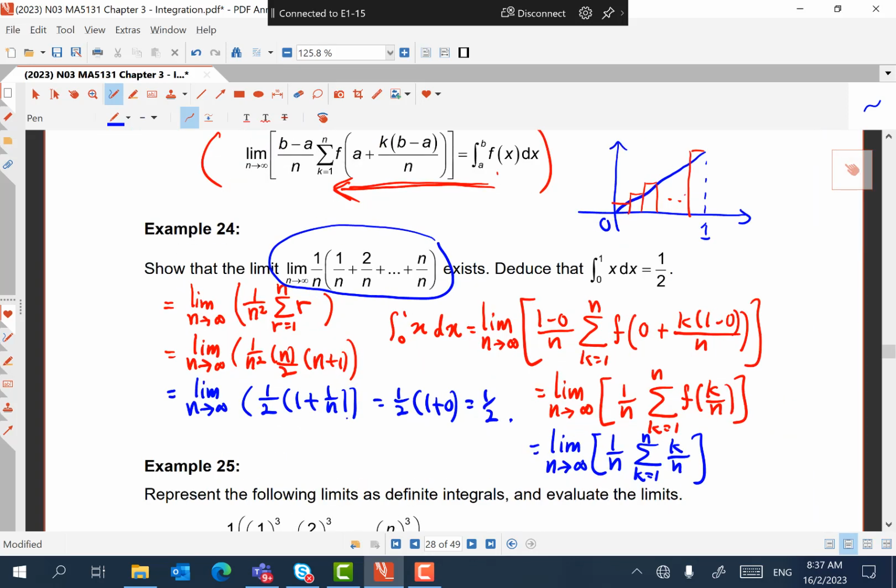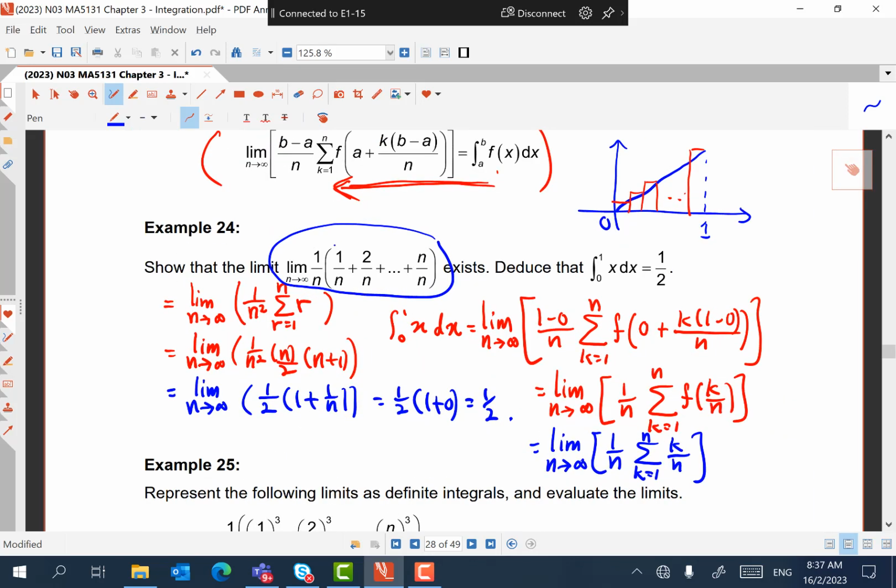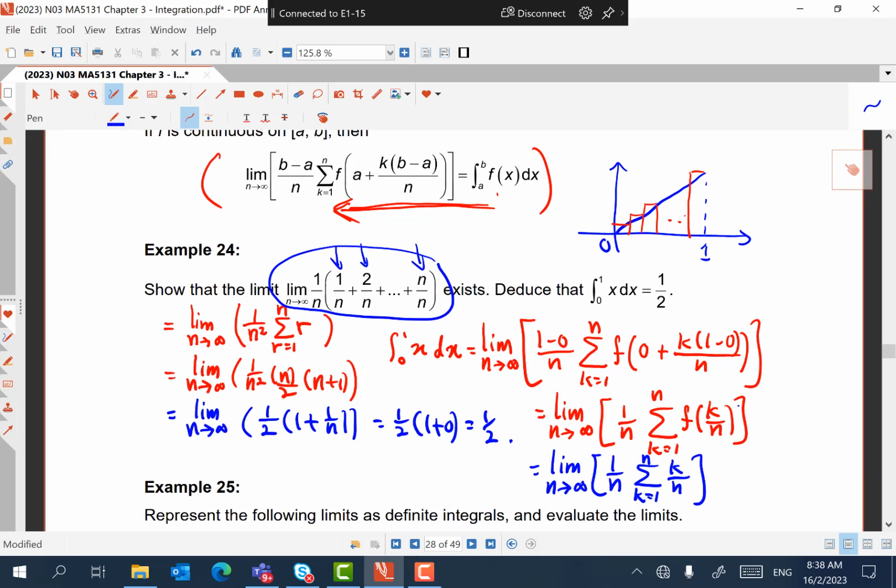I realize that typically you see many of these things, and they represent x. So if you have 1 over n, 2 over n, I know that therefore my function is f(x) equals x. So I typically guess it.